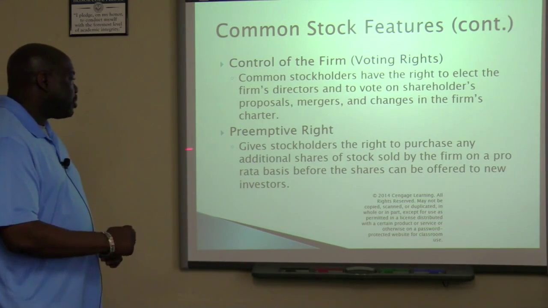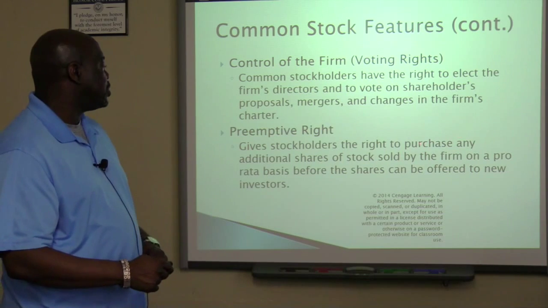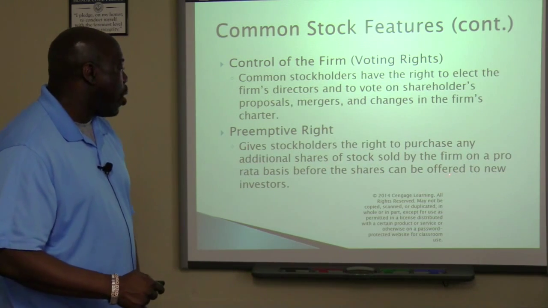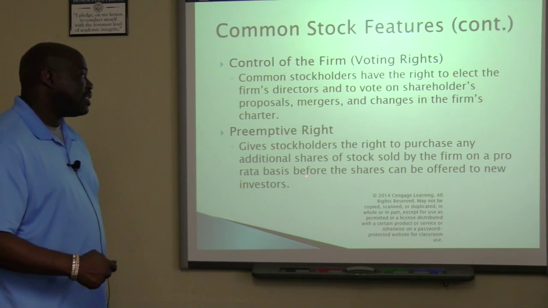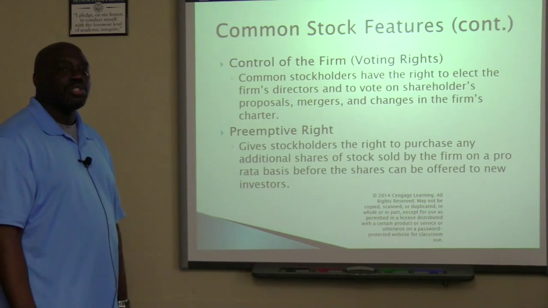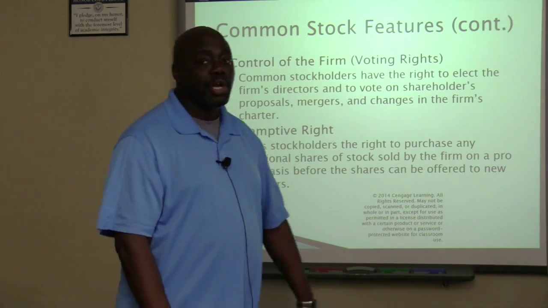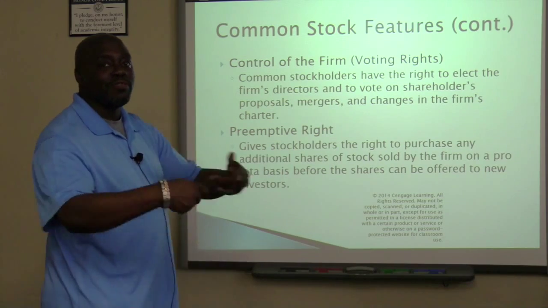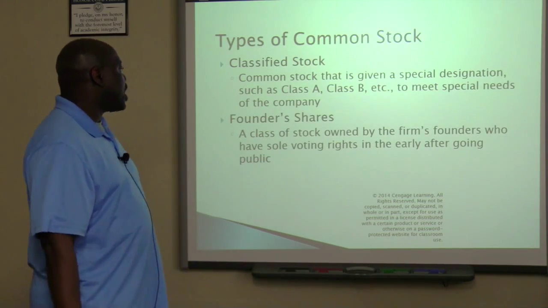They have preemptive rights, which give stockholders the right to purchase any additional shares of stock sold by the firm on a pro rata basis before the shares can be offered to new investors. So it's not first come, first served. It's the stockholders who have already invested in the company who have the right to buy the stock first.